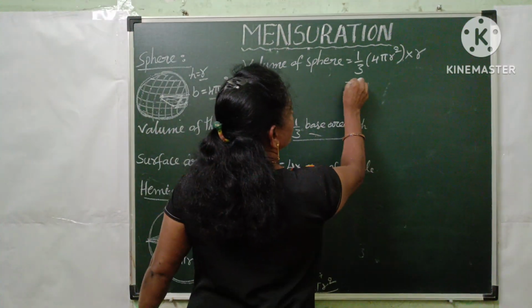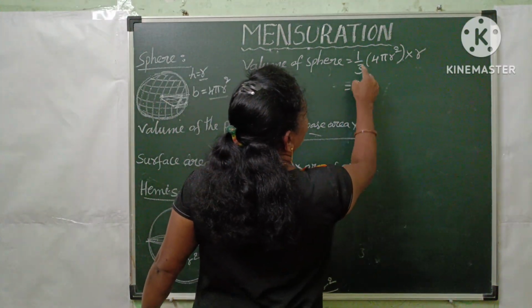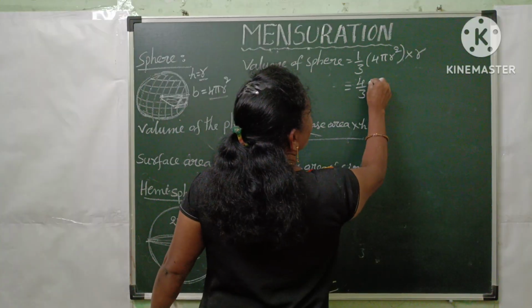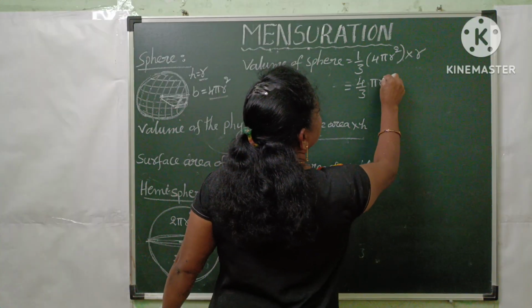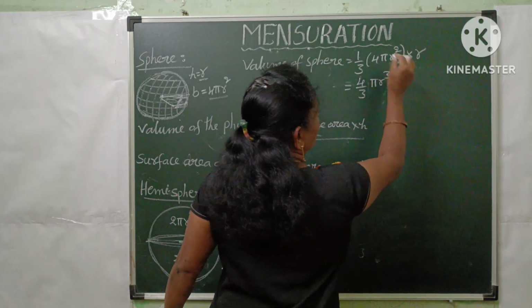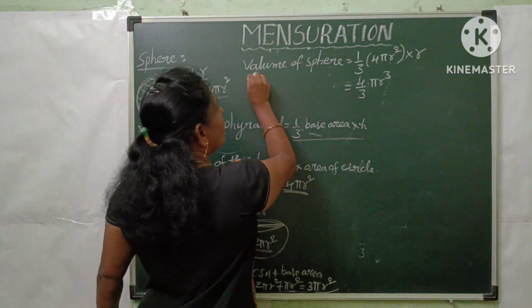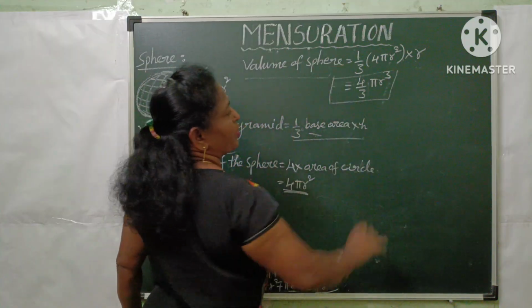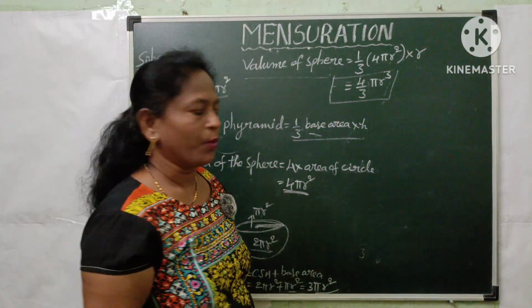So that is equal to 1 by 3 into 4 pi r square into r, which is 4 by 3 pi r cube. This is the volume of the sphere formula.